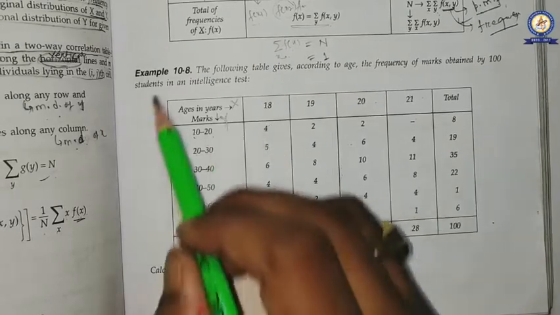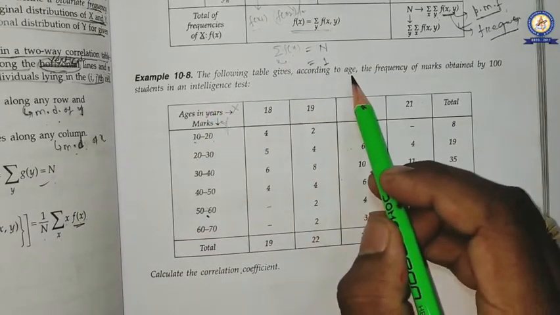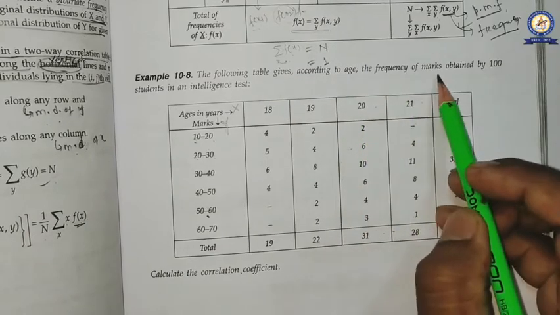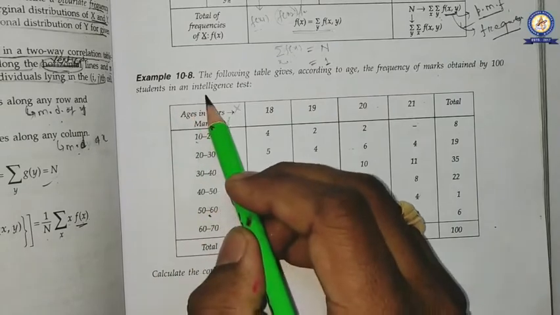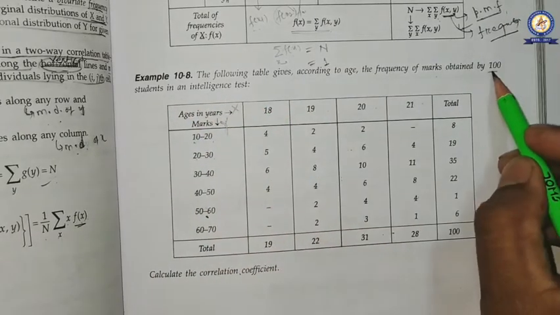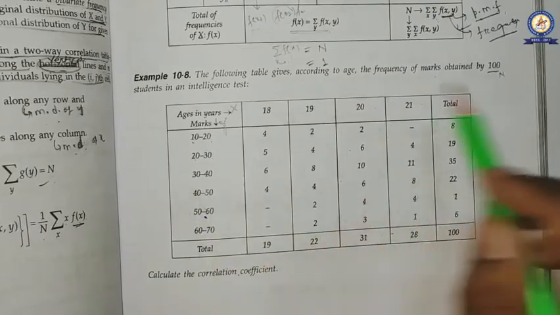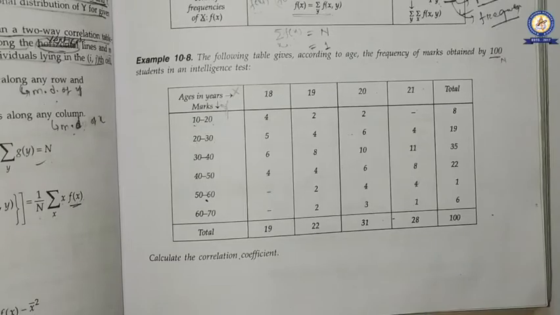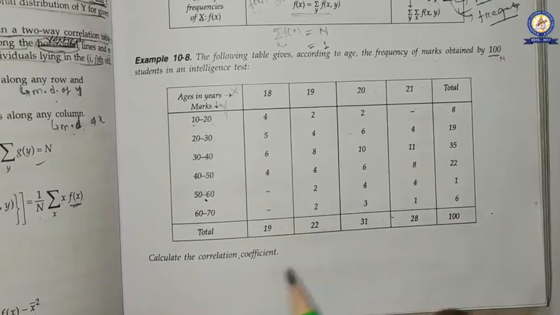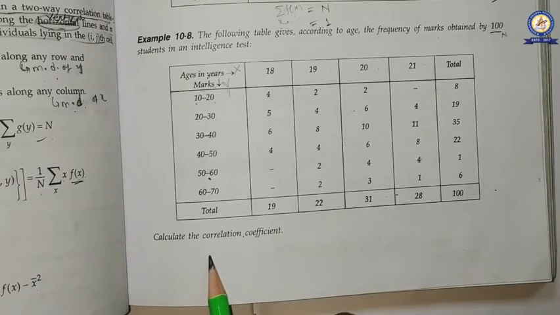The question is that the following table gives, according to age, the frequency of marks obtained by 100 students in an intelligence test. So here capital N is 100, right? This is also called the frequency distribution table. Using this frequency distribution table, we are going to find the correlation coefficient.